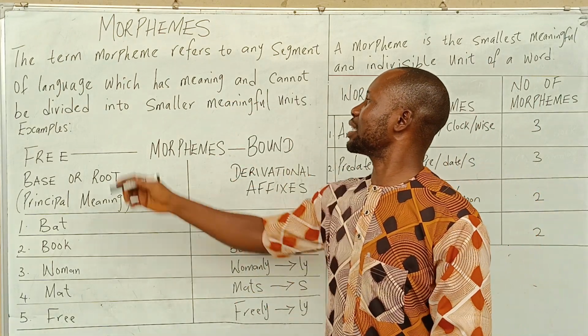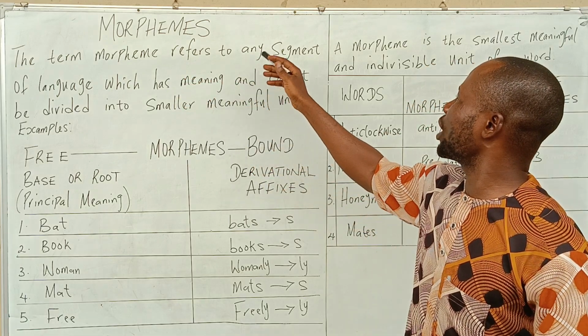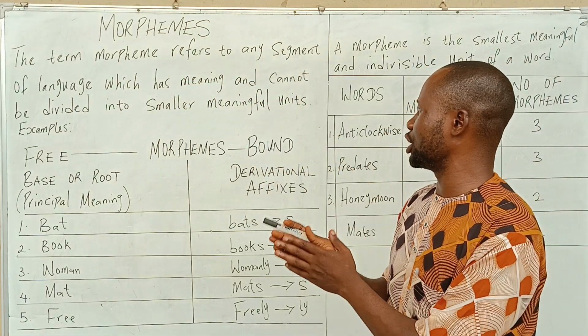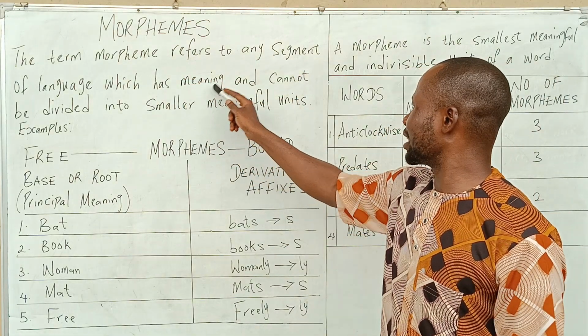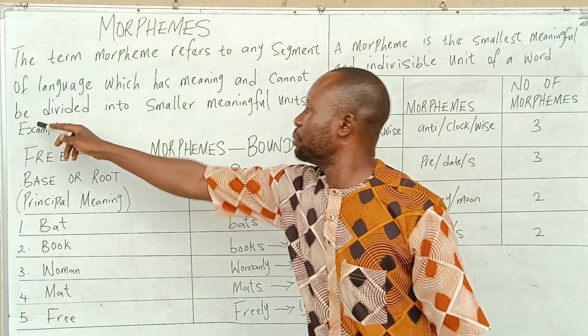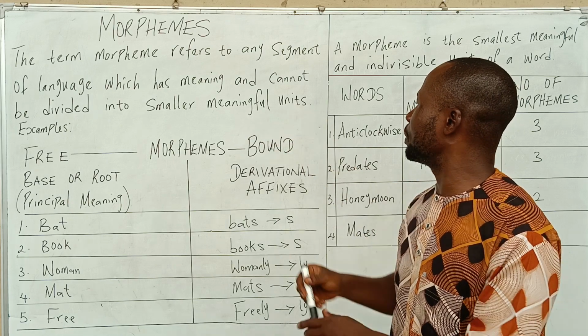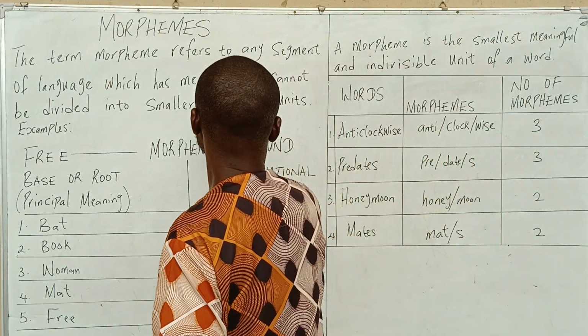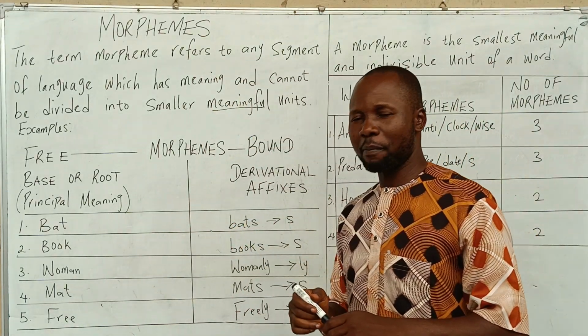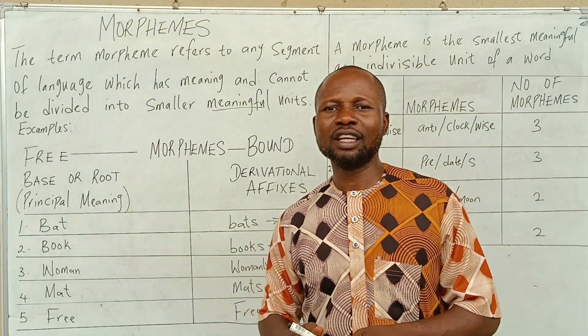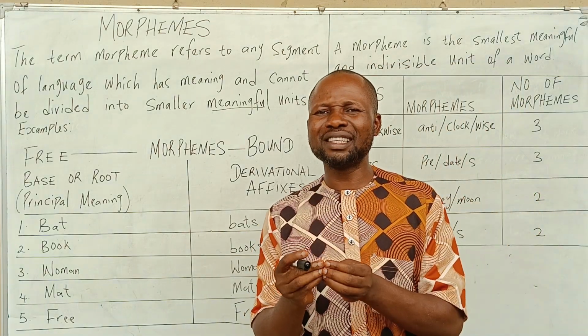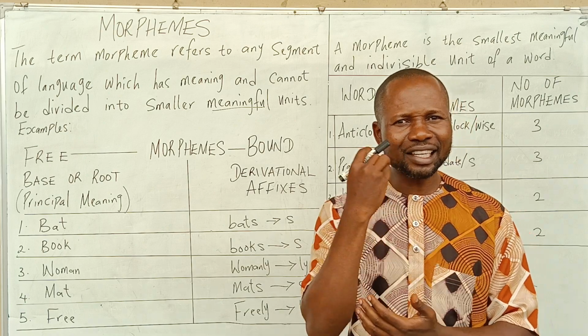What is a morpheme? The term morpheme refers to any segment of language which has meaning and cannot be divided into smaller meaningful units. Please, I want you to mark this: meaningful unit. A morpheme simply means a segment of a language.